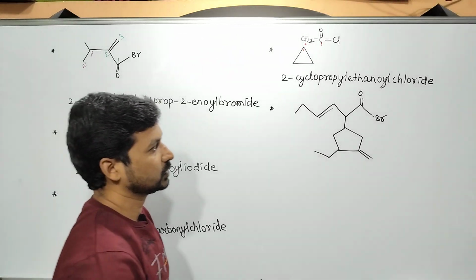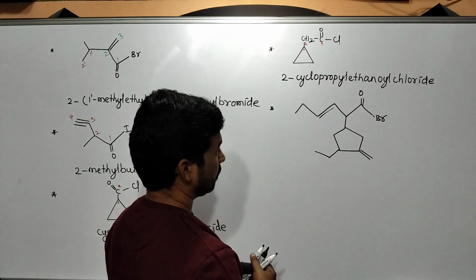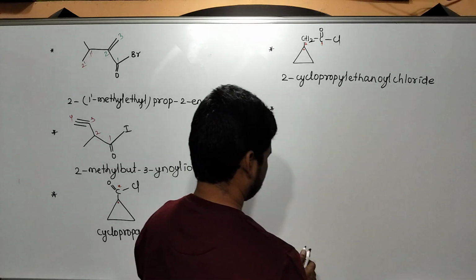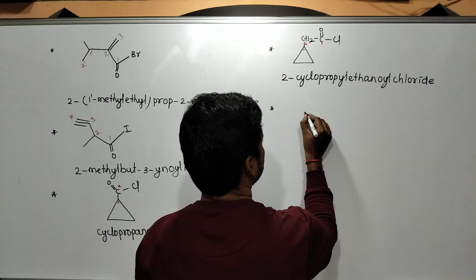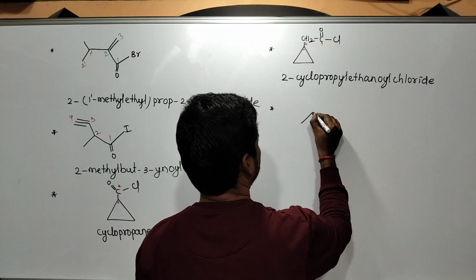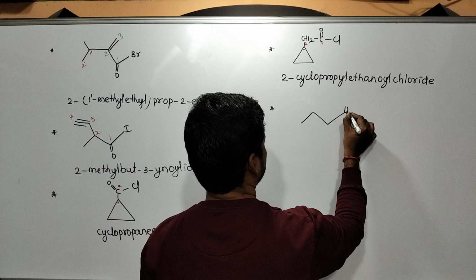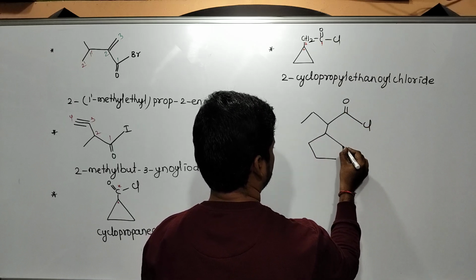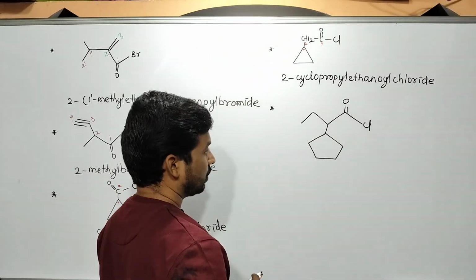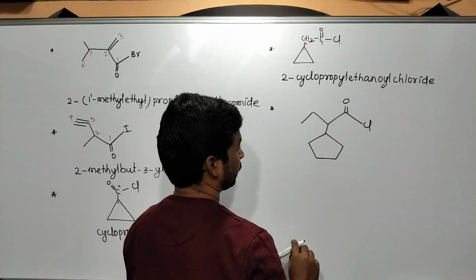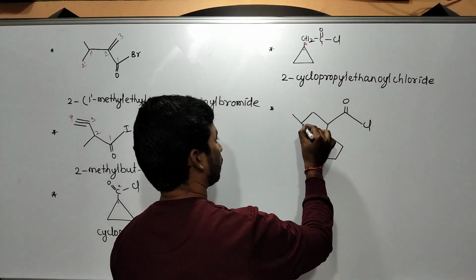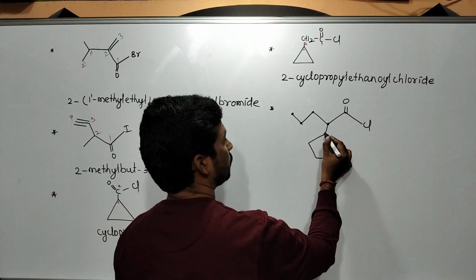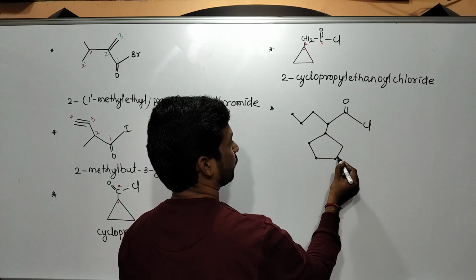That is the molecule. Before that, I will take one more example. See here, the open chain contains 5 carbon atoms, 1, 2, 3, 4, 5. The closed chain also contains 5 carbon atoms.